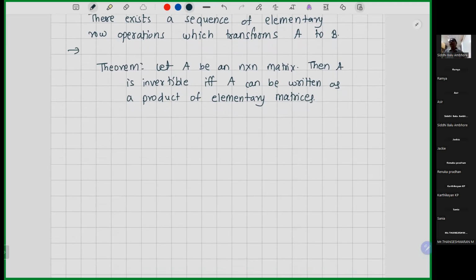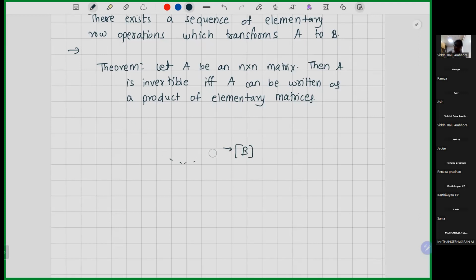Both of them have inverses, but they are saying that we are transforming them. So I have A here, I apply row transformations, I get some matrices, and I end up getting B. This is what they are asking.